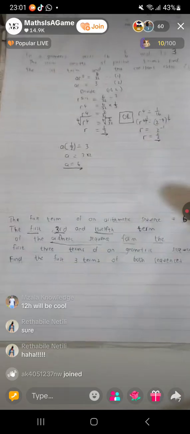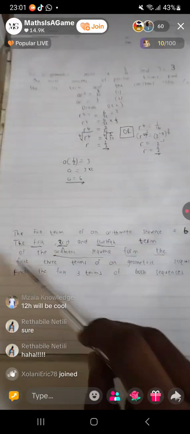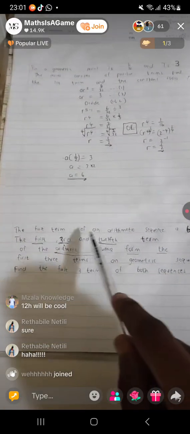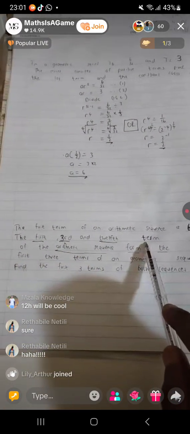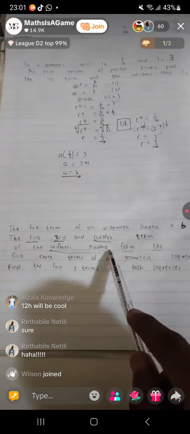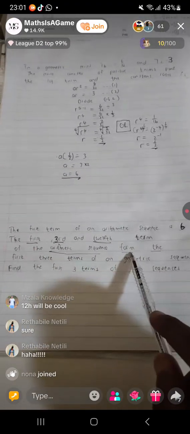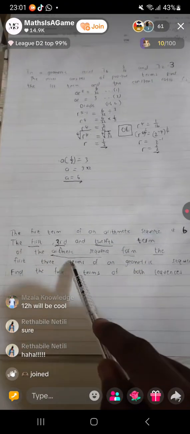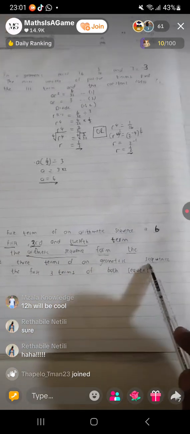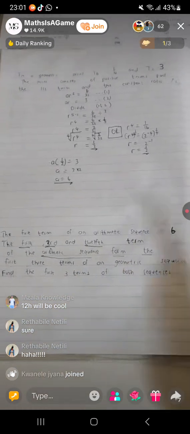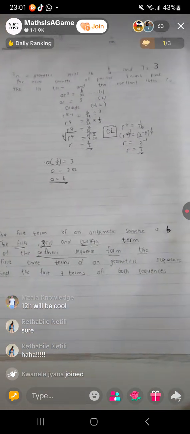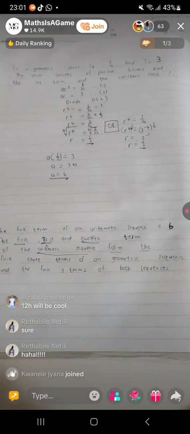So that first term is 6, right? The first, third, and 12th term, we are told, of the arithmetic sequence actually form the first 3 terms of a geometric sequence. So the question is then find the first 3 terms of both sequences.